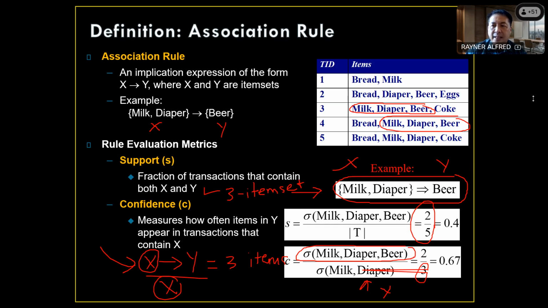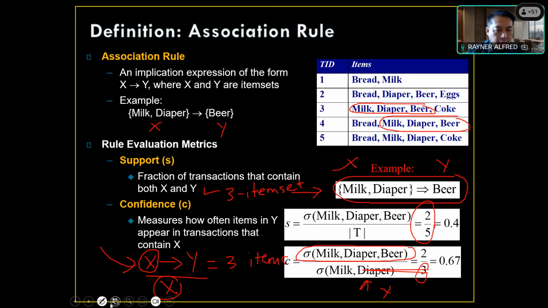So these two formulas that we have, support and confidence, will be used to extract which rules are important to the whole transaction that can be used as a guidance to the supermarket on how to arrange them.